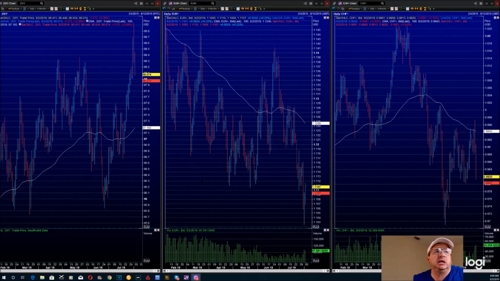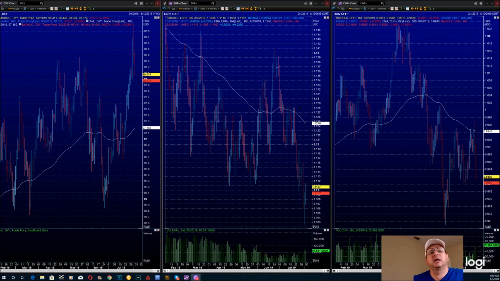So if somebody is talking about this one as support or this one as support, then I would correlate it basically to either this one going back up to here or up to here.